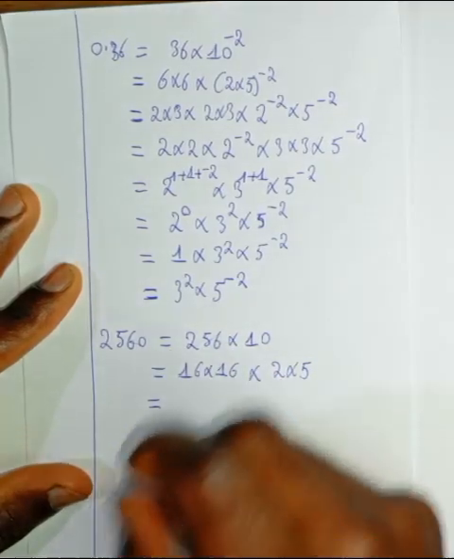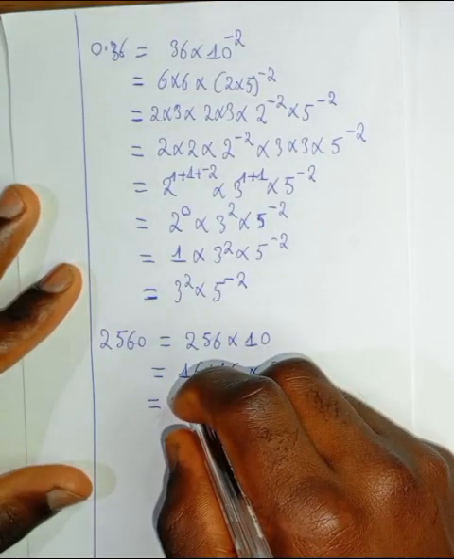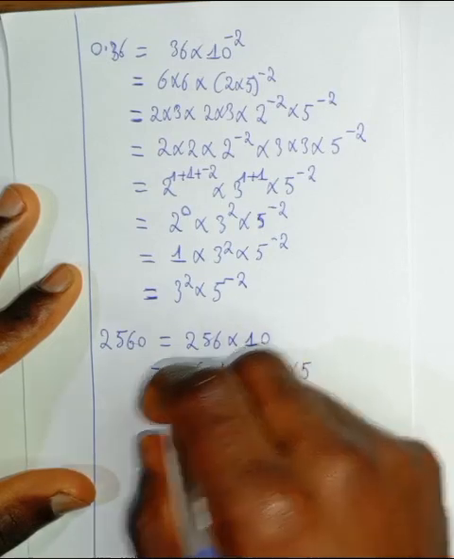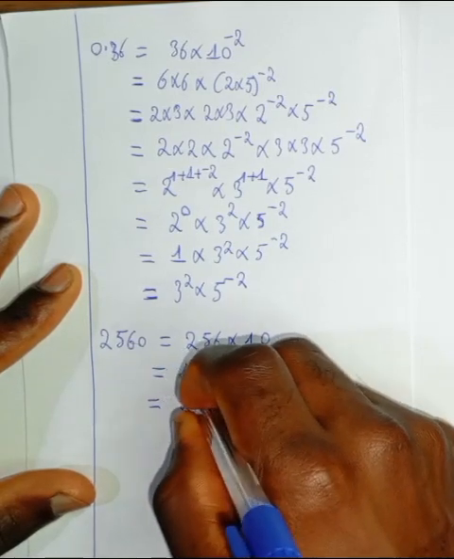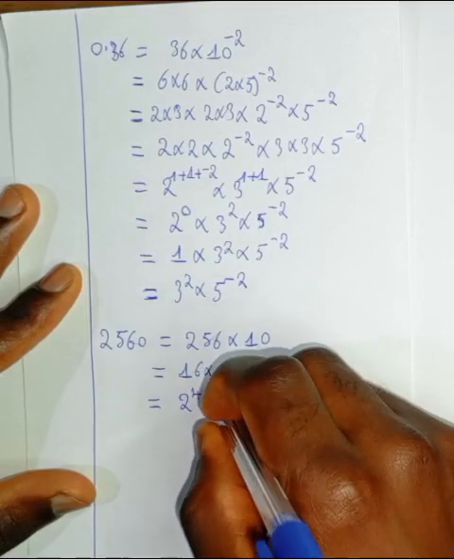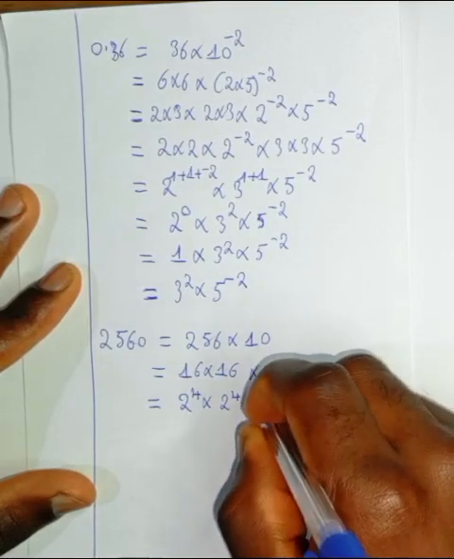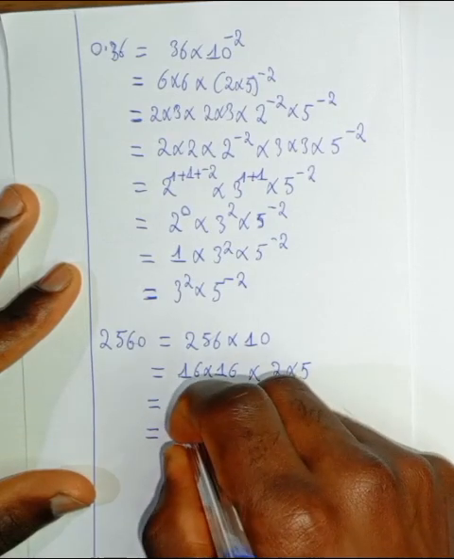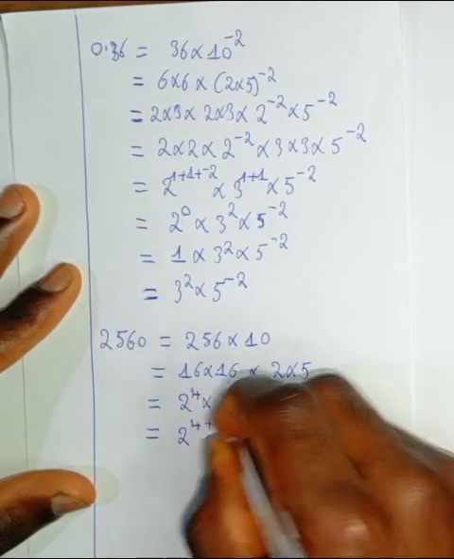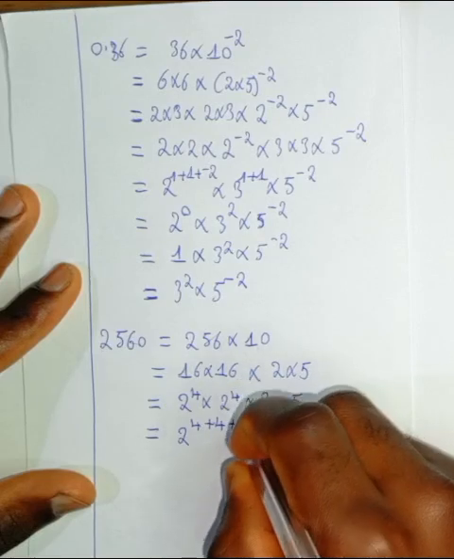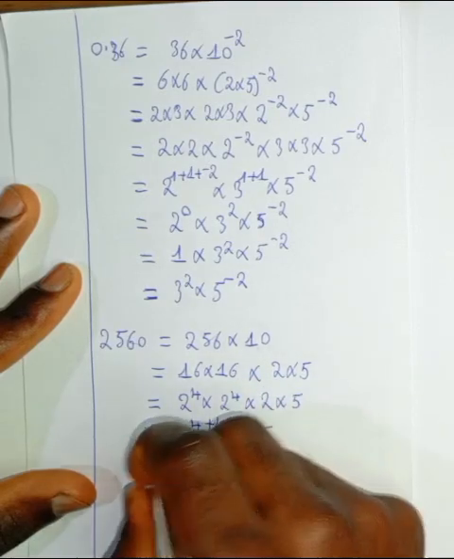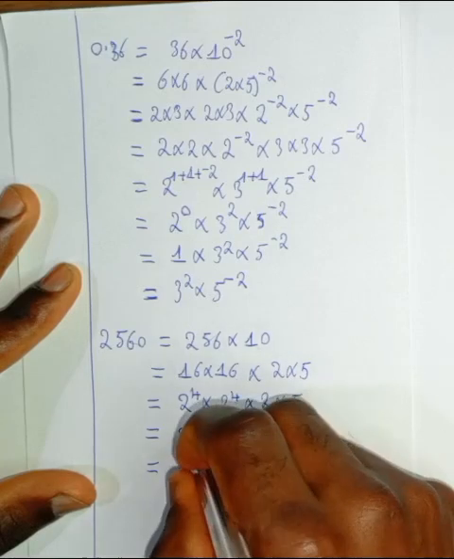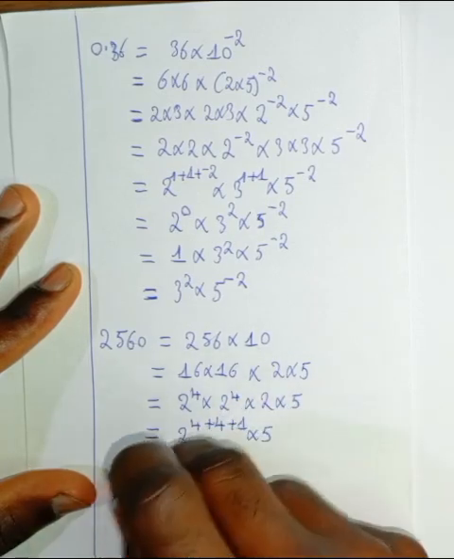This will be equal to, 16 in index form with the prime factor at the base is simply 2 raised to the power 4 times 2 raised to the power 4 times 2 times 5. But this will simply be equal to 2 raised to the power 4 plus 4 plus 1 times 5, which is simply equal to 2 raised to the power 4 plus 4 gives 8 plus 1, 9 times 5.